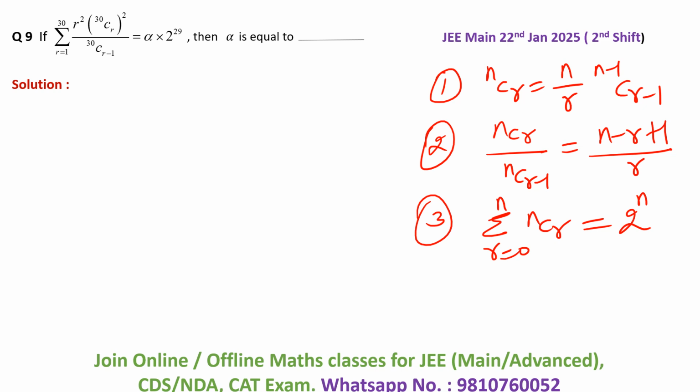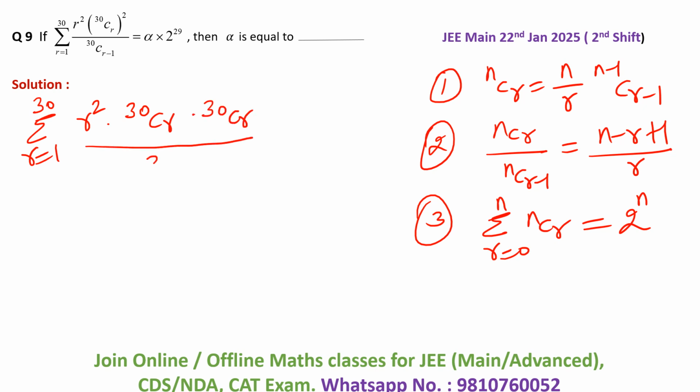Right? Now students, just see how I solve it. This is summation r varying from 1 to 30 r square. This (30 Cr) whole square can be split into 30 Cr into 30 Cr, divided upon 30 C(r minus 1).